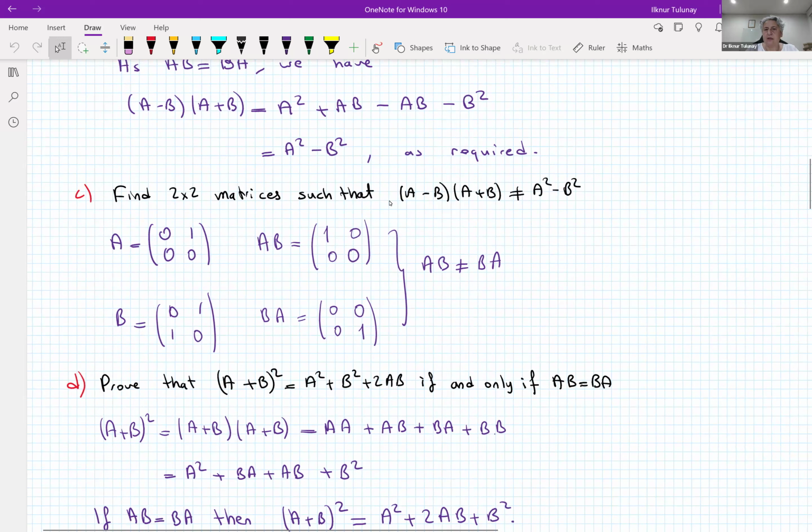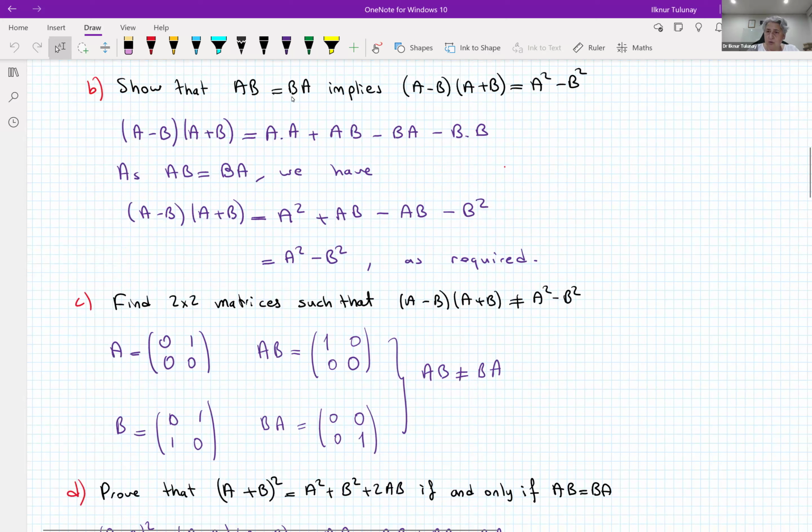If I choose matrices A and B that are not commutative with each other, they will not be able to satisfy this equality. For such things, it's always better to choose a simple example, with lots of zeros and lots of ones. Lots of zeros is good.